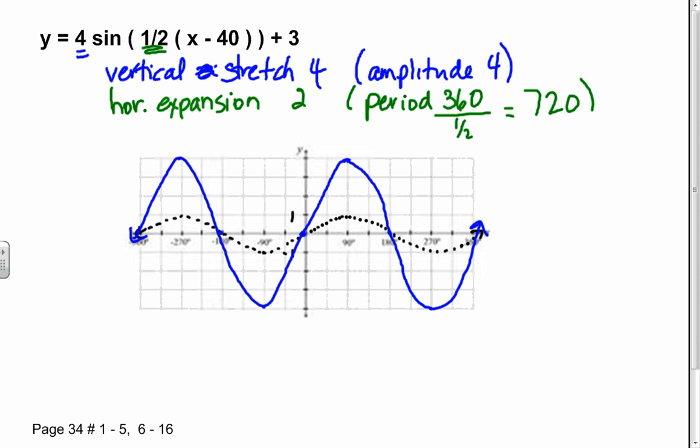That means it takes twice as long to get where you usually got. So instead of taking 90 degrees to go from 0 to the highest value, it's going to take you 180. So my curve becomes this one. And it will become this. There we are.